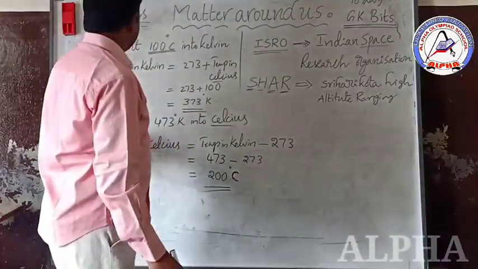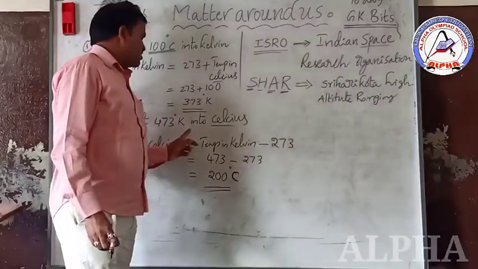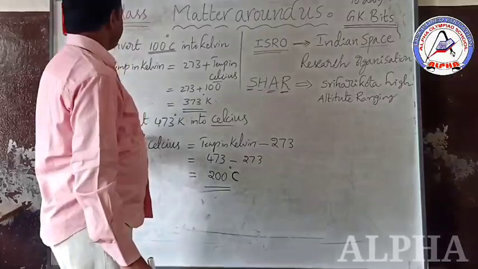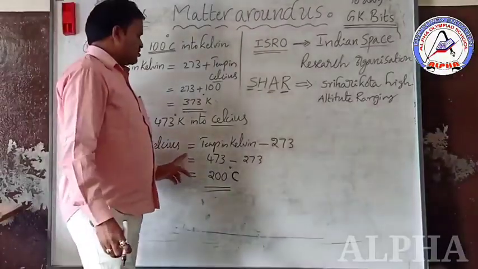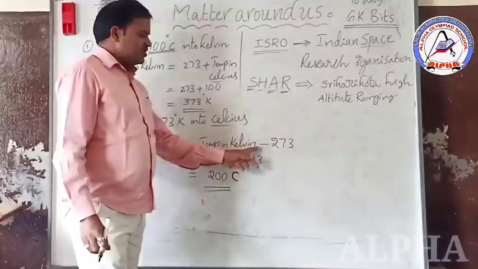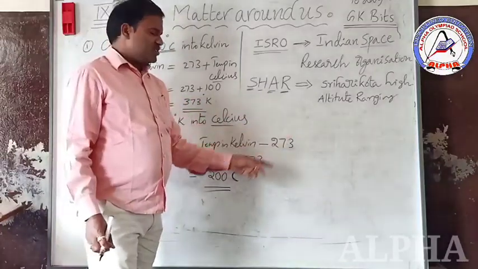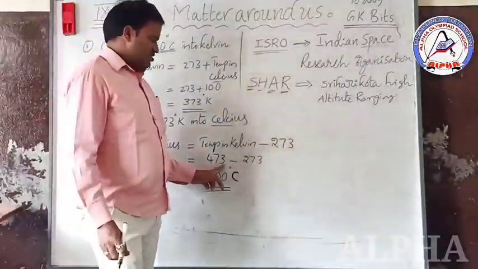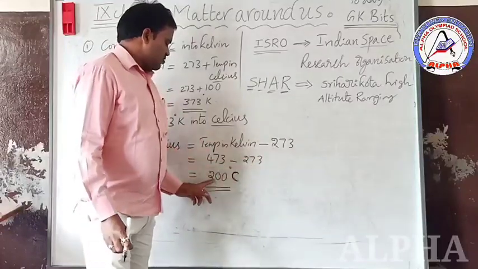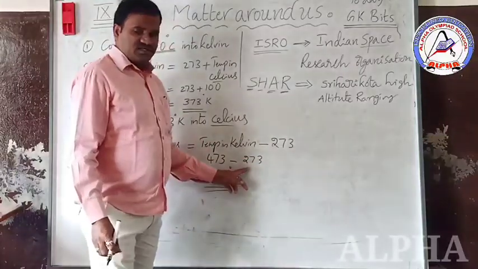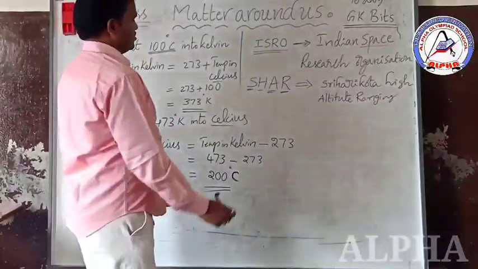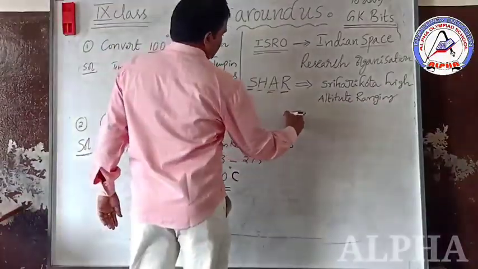One more problem: convert 473 degrees Kelvin into Celsius. Temperature in Celsius is equal to temperature in Kelvin minus 273, so 473 minus 273 gives 200 degrees centigrade. These are the solutions.